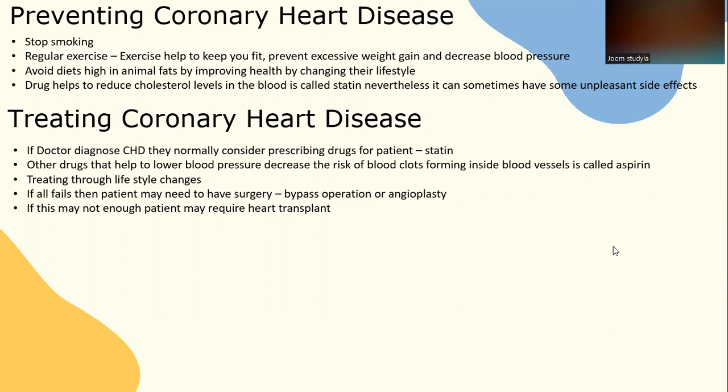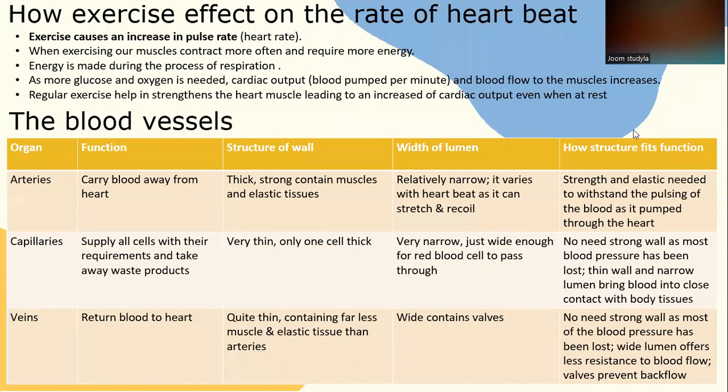And other than that, you have to change your lifestyle, or if that fails again, the patient needs to have surgery as recommended by the doctors. Normally, they propose the bypass operation or angioplasty. So if that kind of treatment is still not enough, the doctor may suggest that the patient may require a heart transplant.